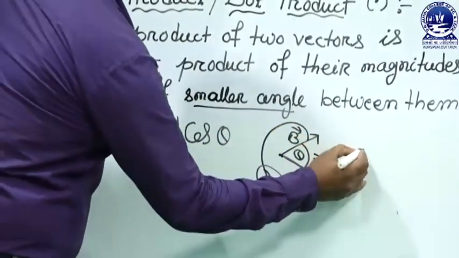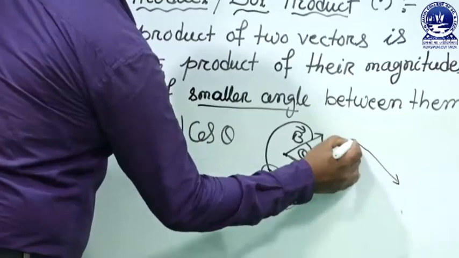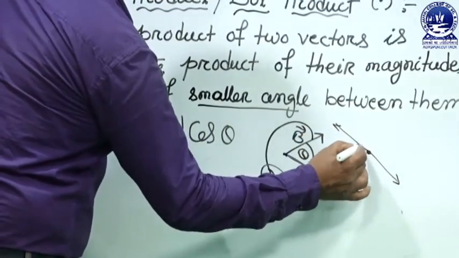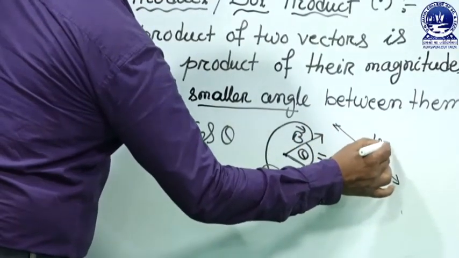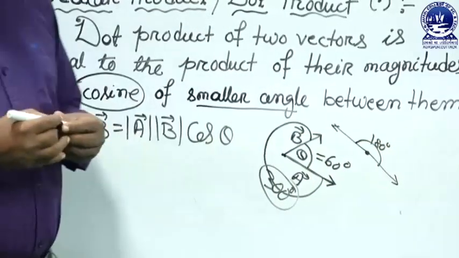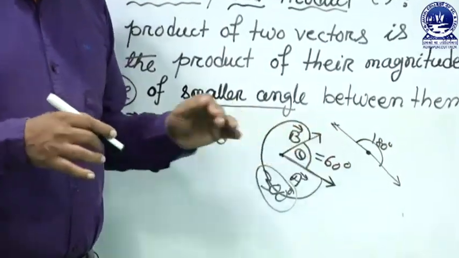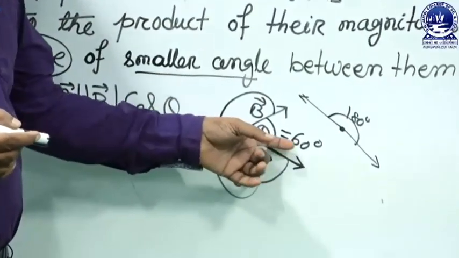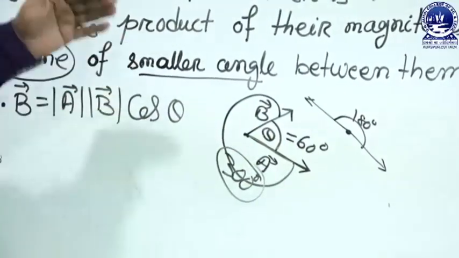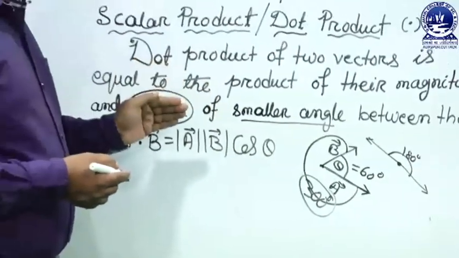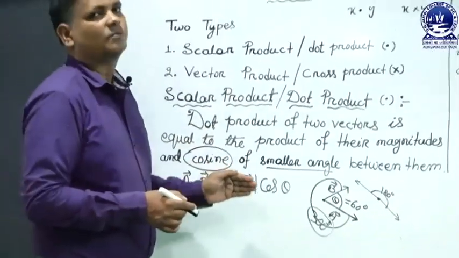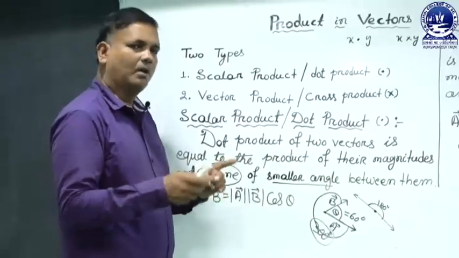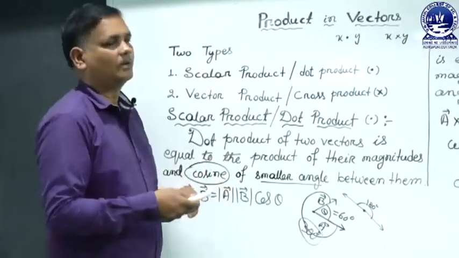When the vectors are opposite to each other, the angle is 180, and in that case the two angles are the same. But in all other cases there are two angles, one smaller and another bigger. The smaller angle is always the one used in the dot product or cross product.